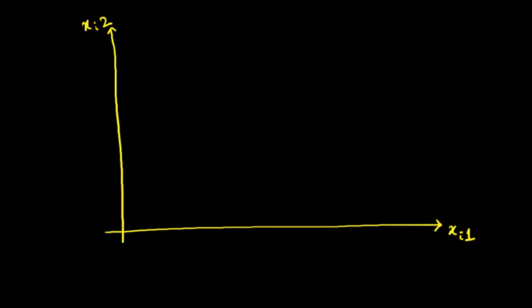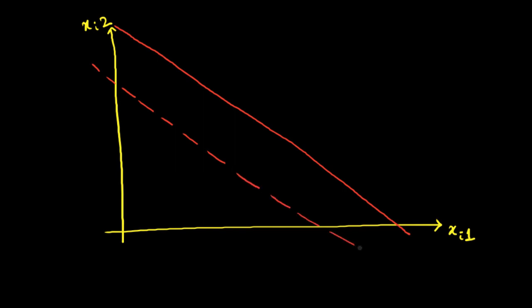So now let's say you have a decision boundary, which is, let's say, like this. And you have the margins, which are here. I'm just magnifying so that understanding becomes easier.